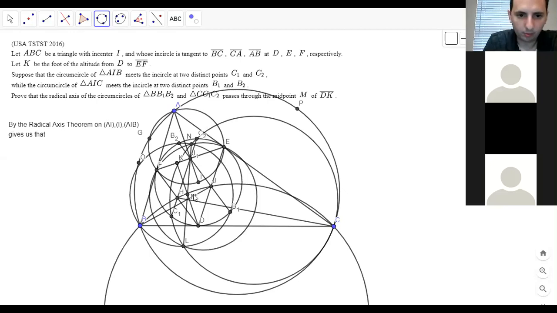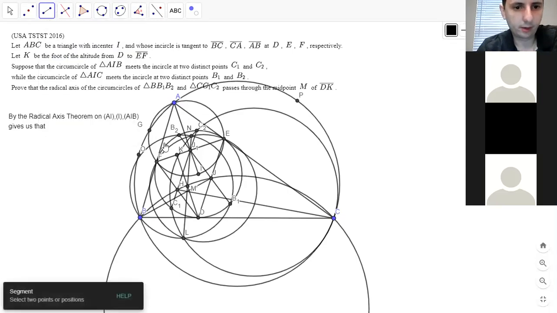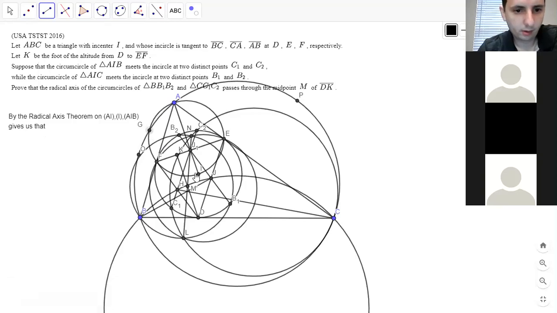So like maybe we could label this point and then, but yeah, we have to use that DK is perpendicular to EF. So maybe I could use that K is the intersection of GI and EF, or how I want to use point K.